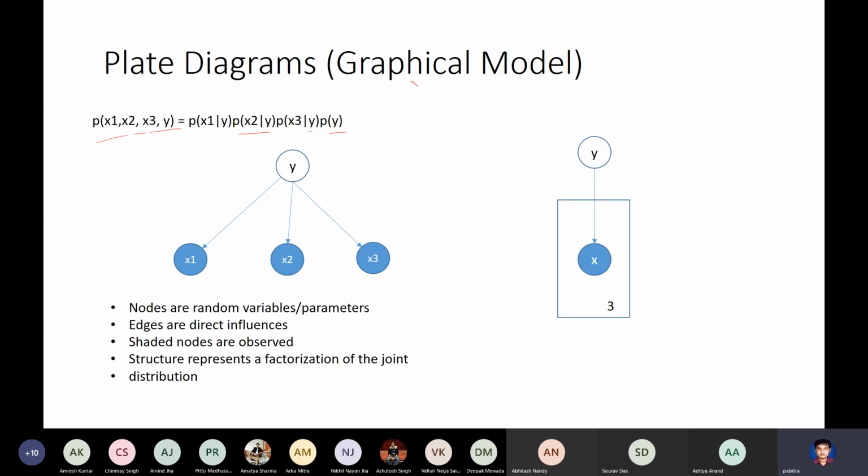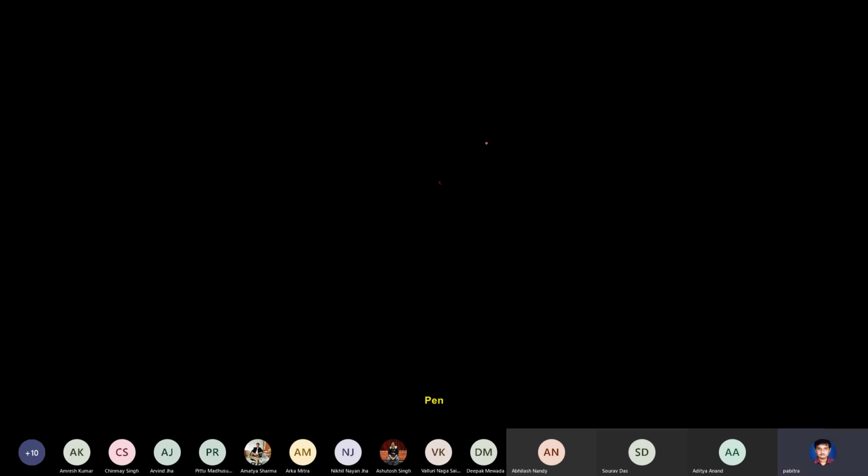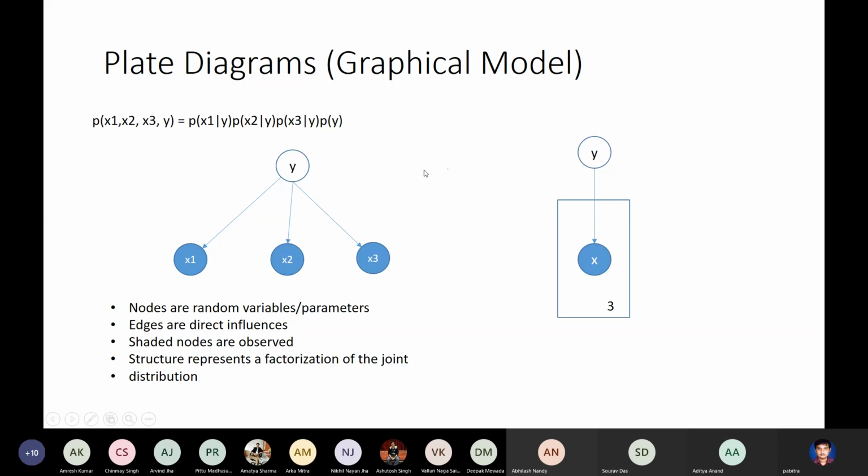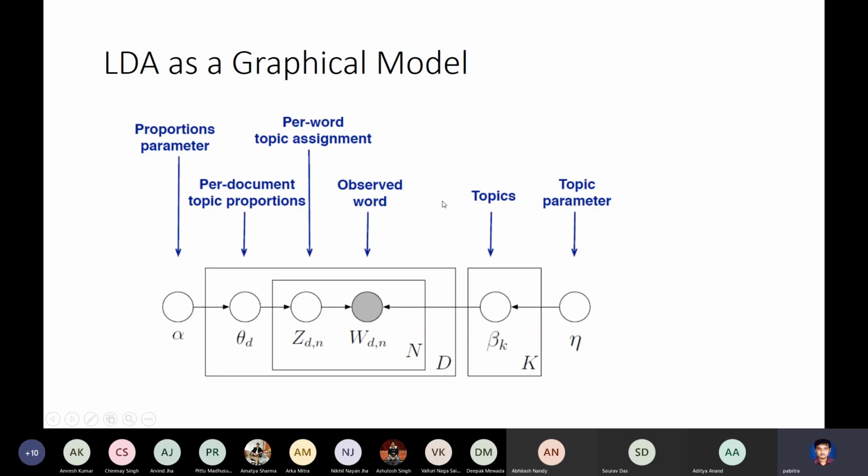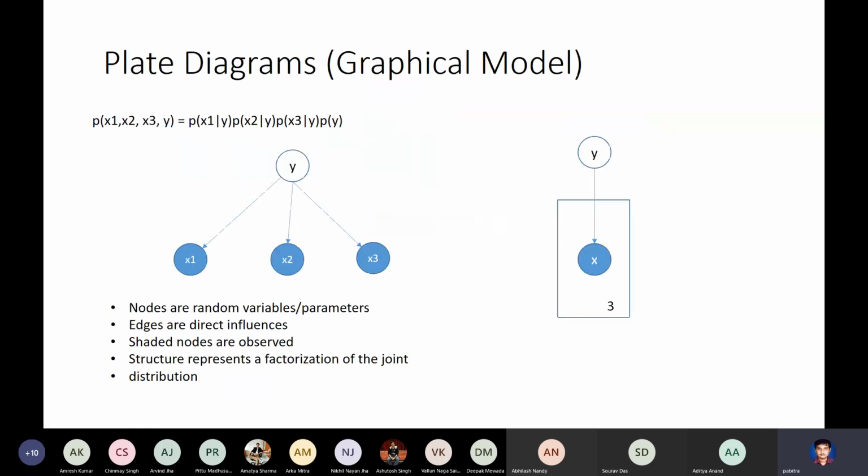For example, if I had the other way around, x1, x2, and then y, I could have written it as x with the replication 2, and then y.